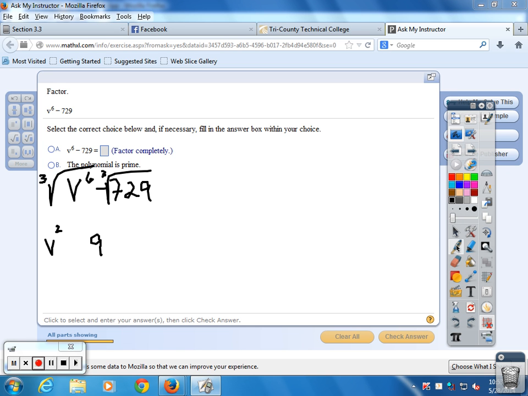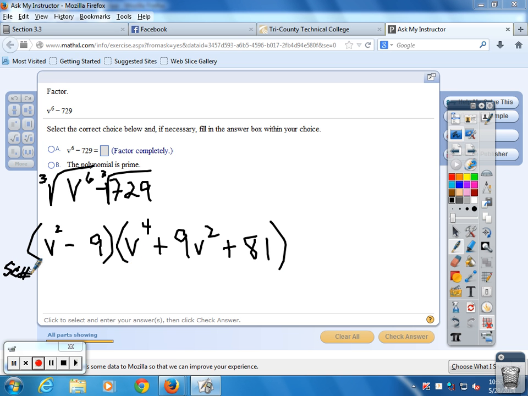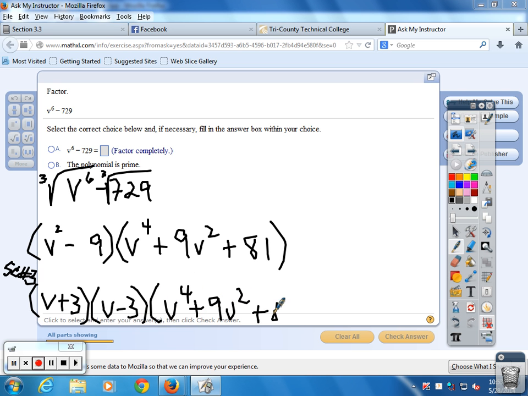V squared minus 9, and then v to the 4th plus 9v squared plus 81. And then what is this? Shortcut number 3, which would be v plus 3 times v minus 3 times v to the 4th plus 9v squared plus 81.